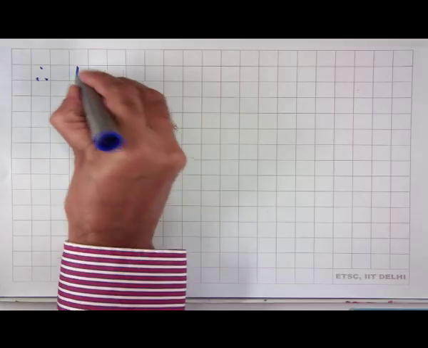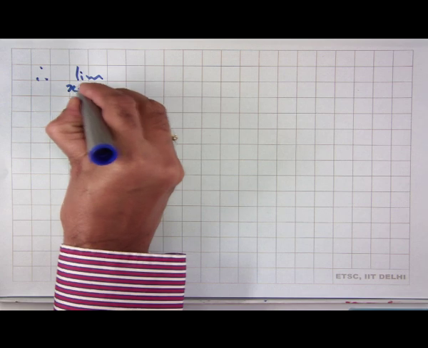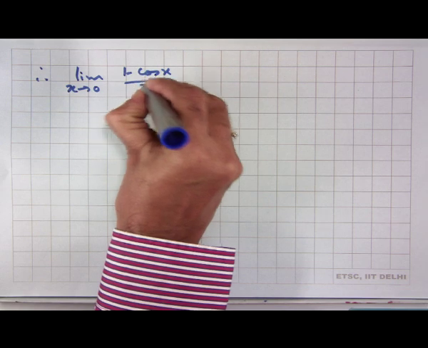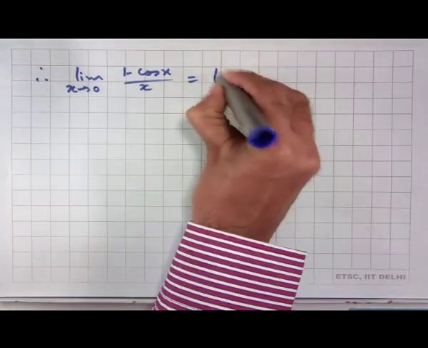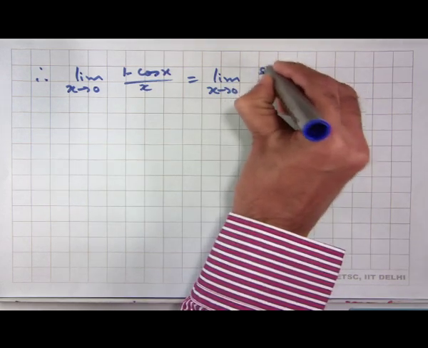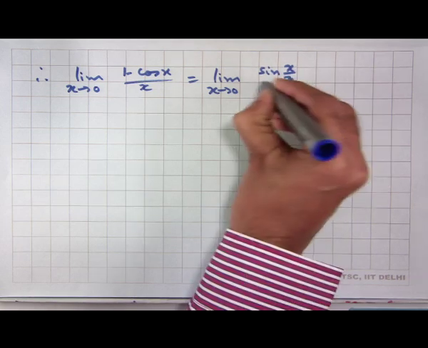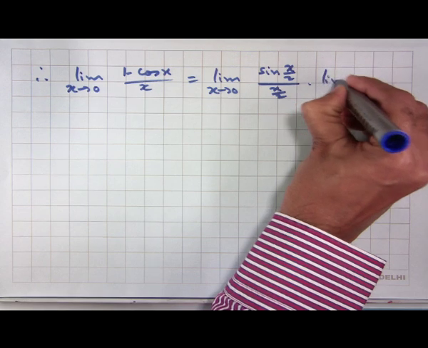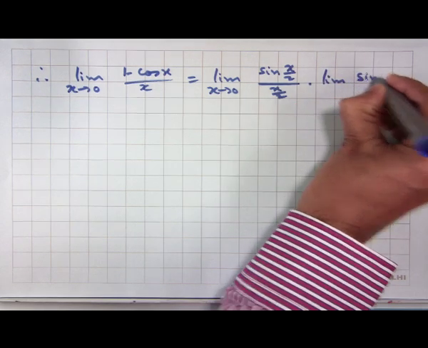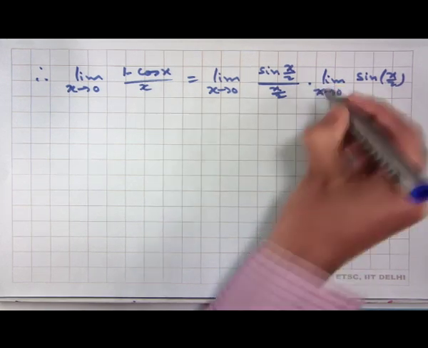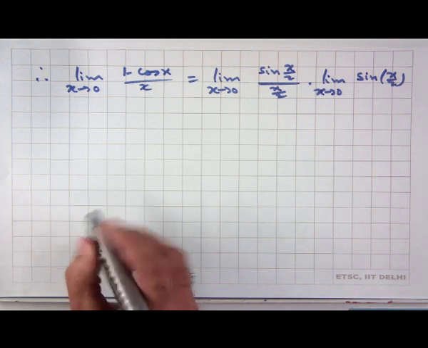So, therefore, the limit as x goes to 0 of 1 minus cos x by x is equal to the limit as x goes to 0 of sine x by 2 divided by x by 2, times the limit of sine of x by 2 as x goes to 0, provided these two limits exist.